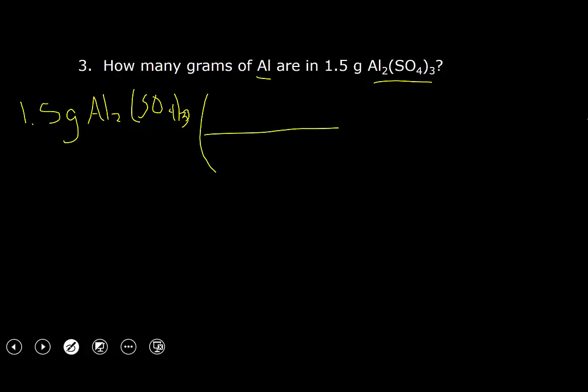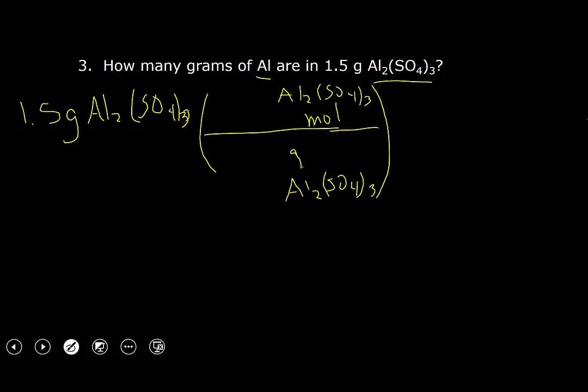Okay. So the first thing we're going to do, if we're at grams, we need to go to moles first. So I'm going to put moles, and I'm going to write aluminum sulfate up here because I don't want to run out of room. And we're going to put grams of aluminum sulfate down here, because once again, I don't want to run out of room.